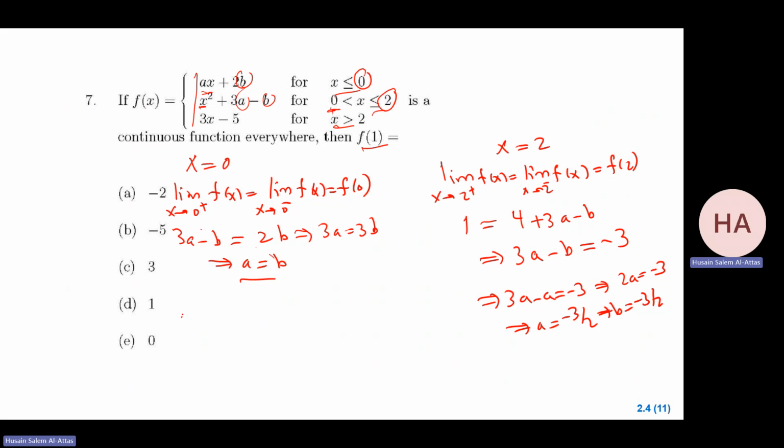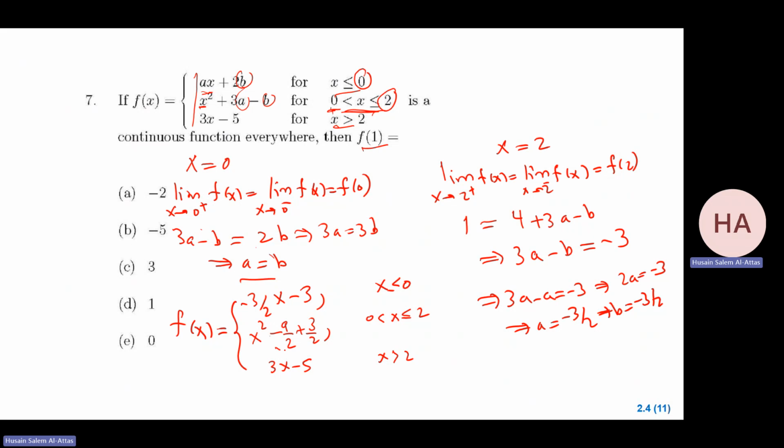Okay, so my function is what? Minus 3 over 2 x minus 3 if x is less than or equal to 0. Actually, I care about this one since the 1 is here. I have here x squared, 3 times minus 3 over 2, that is minus 9 over 2, minus b, plus 3 over 2, if x is between 0 and 2, and 3x minus 5 if x is greater than 2.